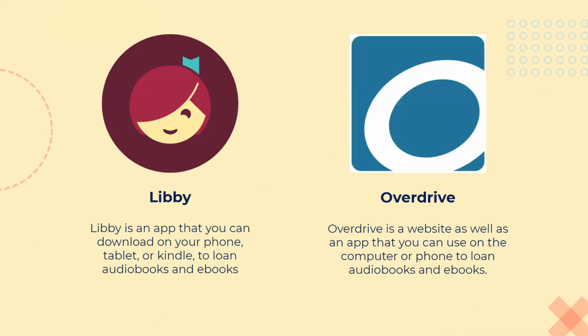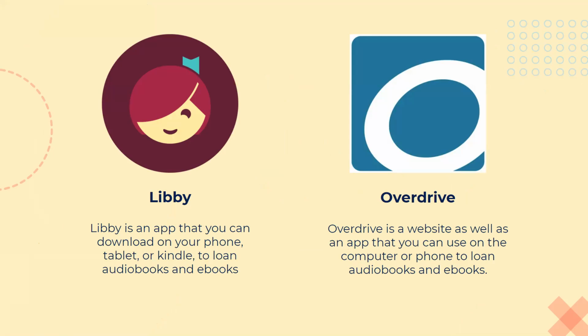Libby is an app that you can use on your phone, your tablet, your Kindle, etc. to loan audiobooks and ebooks. Overdrive is a website as well as an app that you can use on your computer or your phone or your tablet to loan audiobooks and ebooks.